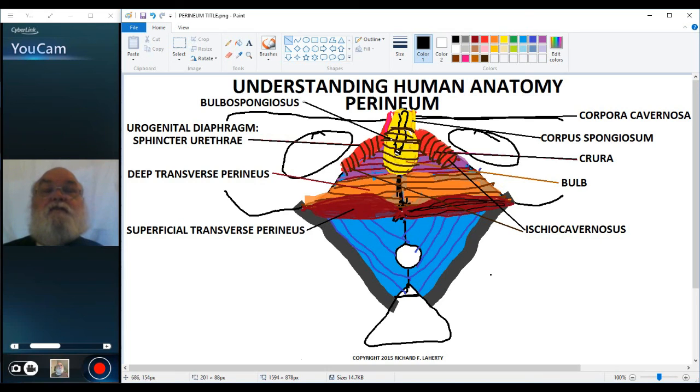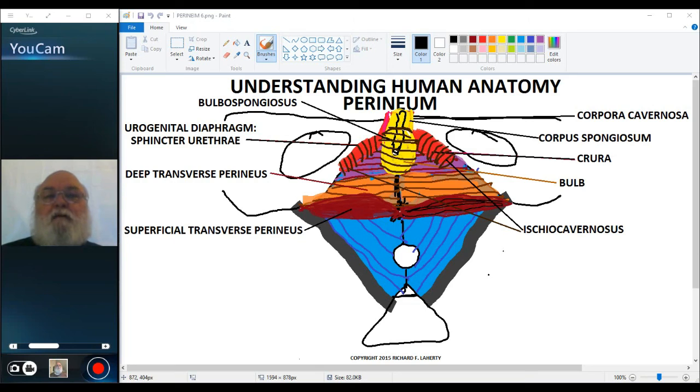We have the two crura attaching to the ischiopubic ramus and giving rise to the corpora cavernosa, the dorsal erectile bodies in the penis. And then we have a ventral erectile body, the corpus spongiosum, and its anchor called the bulb. And the bulb and the corpus spongiosum contain the male urethra.